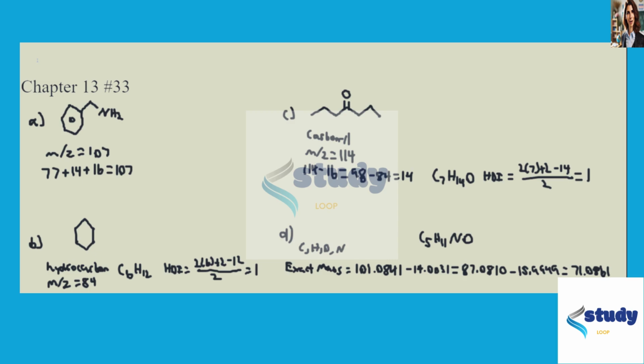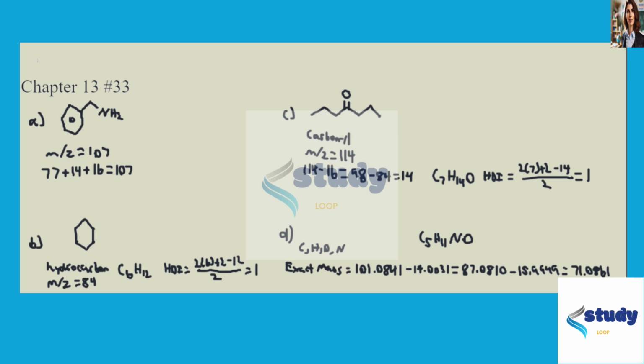Okay, and so we could do the math here. So hydrogen is worth 1.00783. So times 11, it's going to be 11.08613. And then what did we have left? Okay, good. So that's perfect.